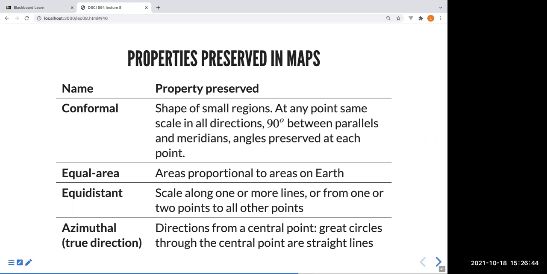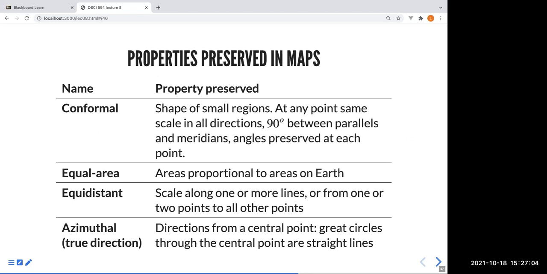So if you're interested in preserving the shape of things, then you'll use a particular projection. If you're interested in preserving the areas so that the areas are comparable, then you use a different projection.